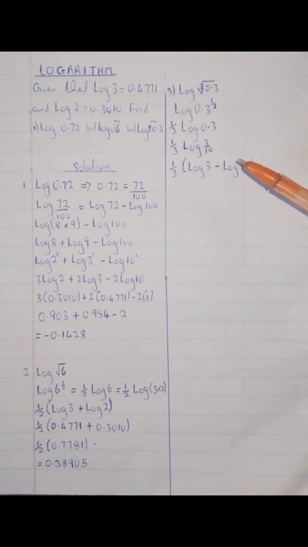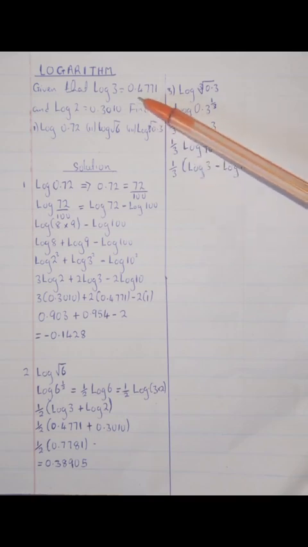When you have log of a number to its own base, recall all these are in base 10, it equals what? 1. So log 10 base 10 equals 1. So we replace log 10 base 10 here with 1 and log 3 here with 0.4771.